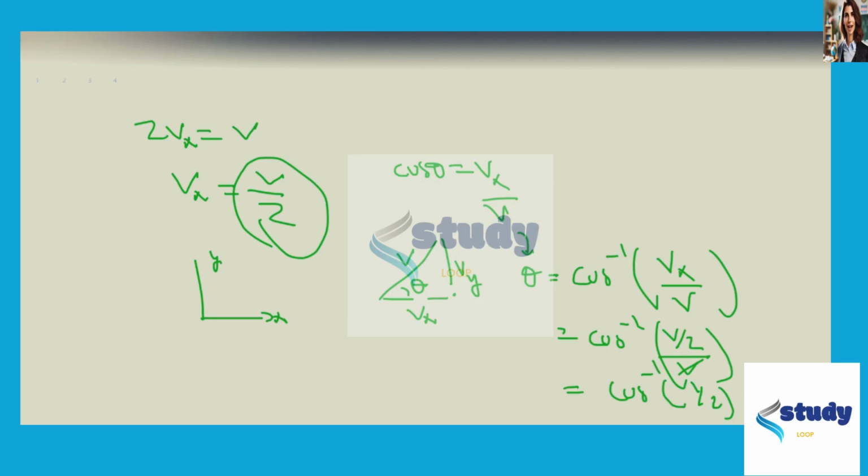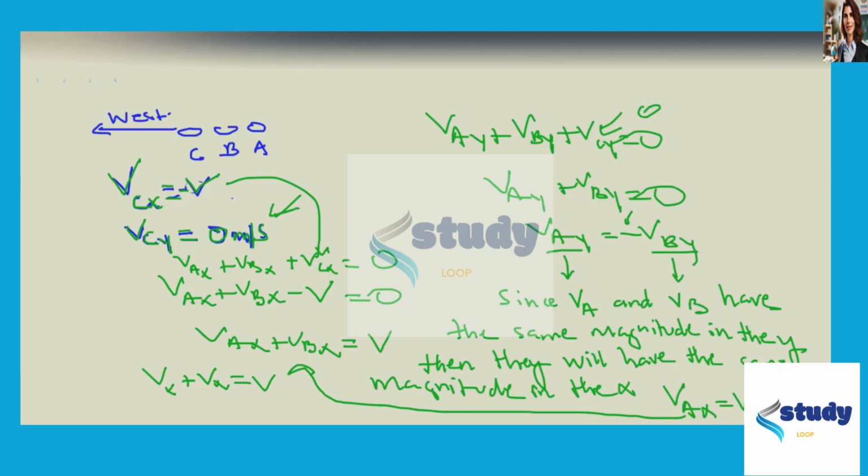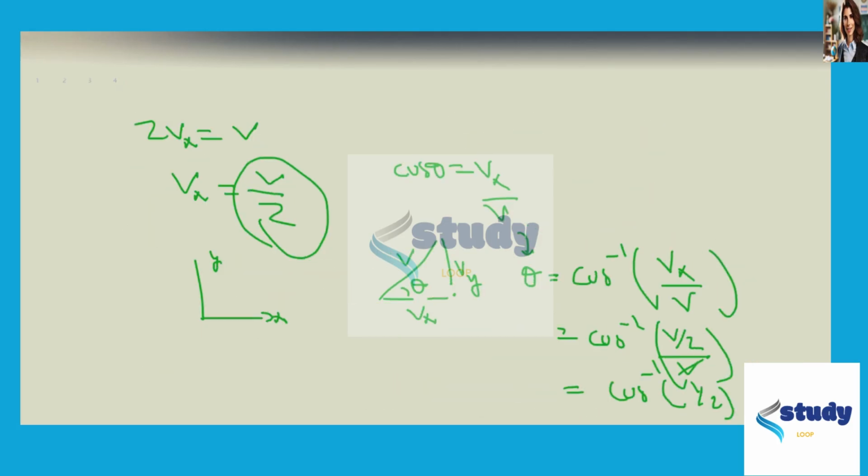So in terms of the components, if you go back and look at pack A and B, you can see that they have opposite directions. So they're moving in opposite directions. One of them is going to go that way, and the other one is going to go that way. So this is north, this is south, this is east, this is west.